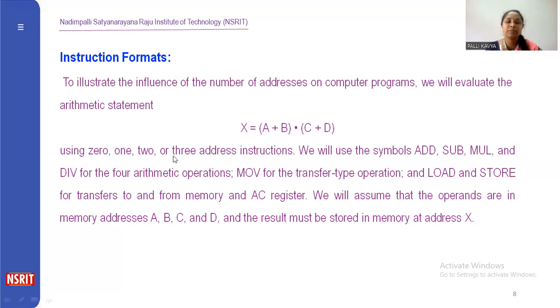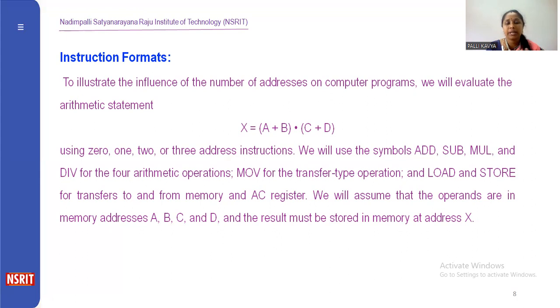So these are different types of address instructions in this particular example. For this, we use different operations: add, subtraction, multiplication, and division. So there are different types of arithmetic operations. Move is used to transfer the content, and load and store for transferring to and from the memory.